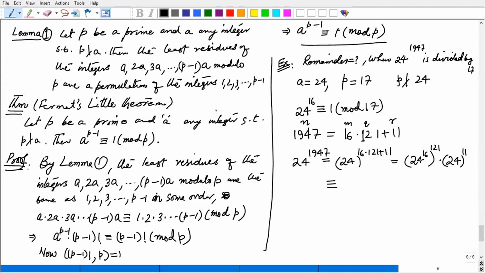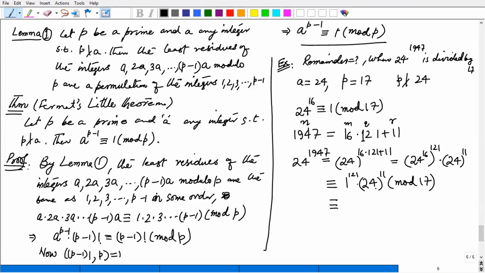So we put 1 here, so 1 to the power 121, and then 24 to the power 11 modulo 17. So 1 to the power 121 is 1, and we have 24 to the power 11.